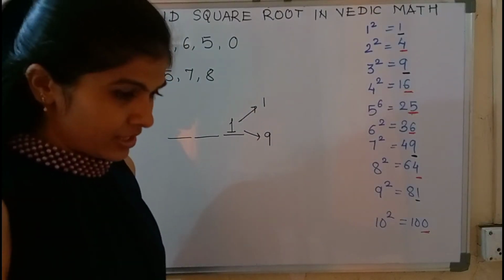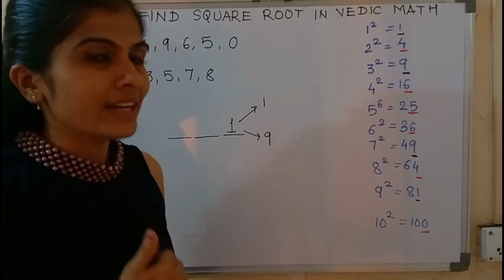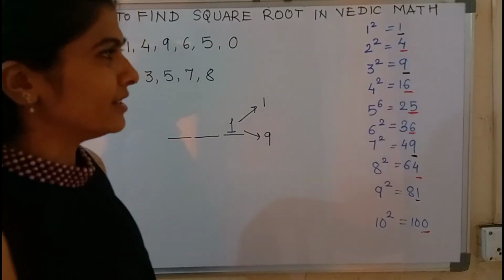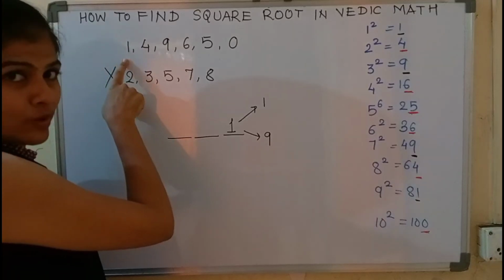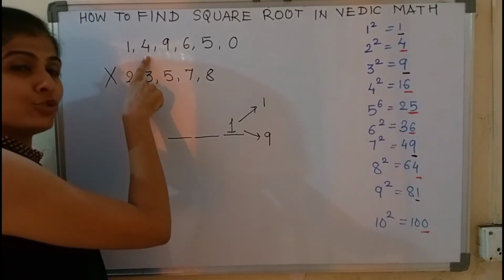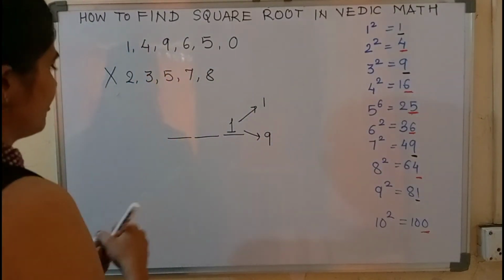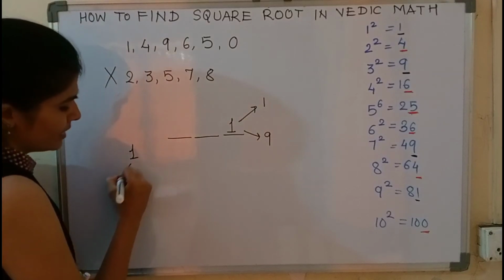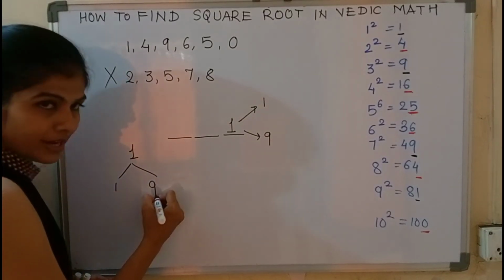So this is the observation. First we need to look at the last digit and then we need to decide something. Here you can see that if it ends with 1, the square root could be either 1 or 9. If it ends with 4, it could be either 2 or 8, right? So let me write all these numbers. If it ends with 1, then the square root must be either 1 or 9.